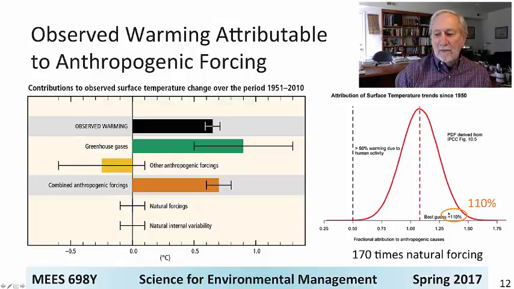And if we then estimated it on a probability basis, the attribution of surface temperature trends based upon the anthropogenic human forcing, the best estimate is about 110%. Stated another way, virtually all of the warming we've seen is due to human activities.